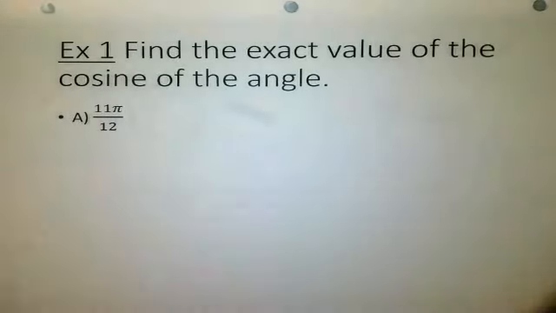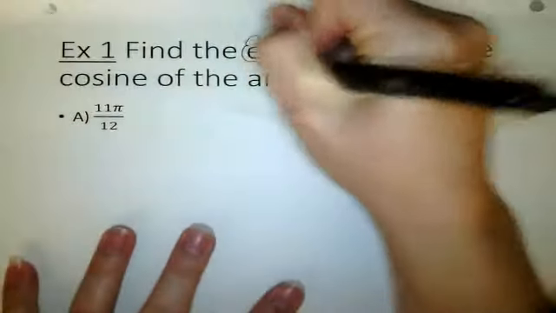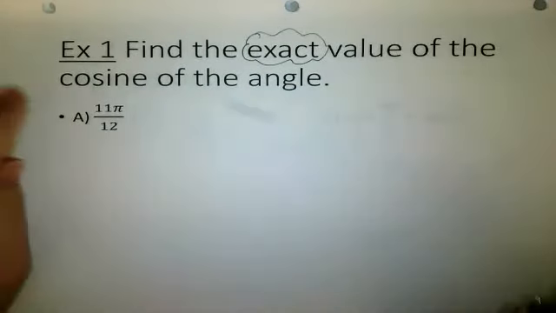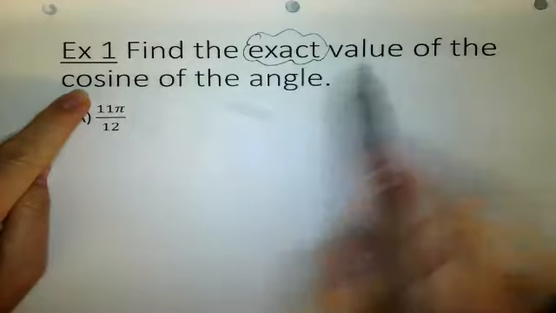All right. So first of all, they're asking for the exact value, and that's sort of the key here. We want an exact value of the cosine of the angle.